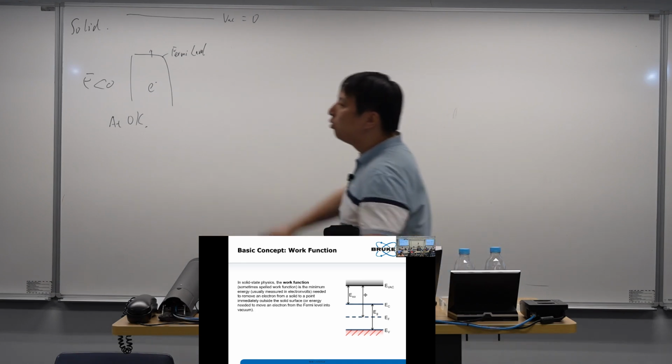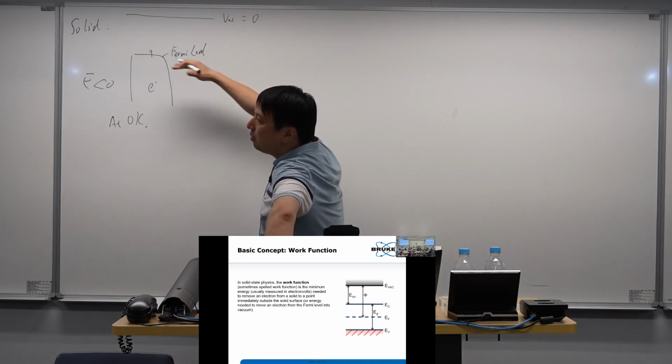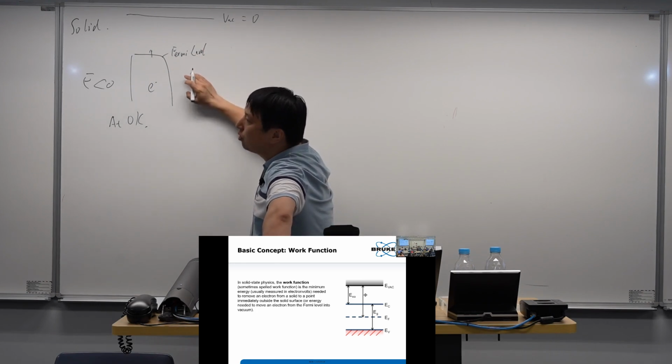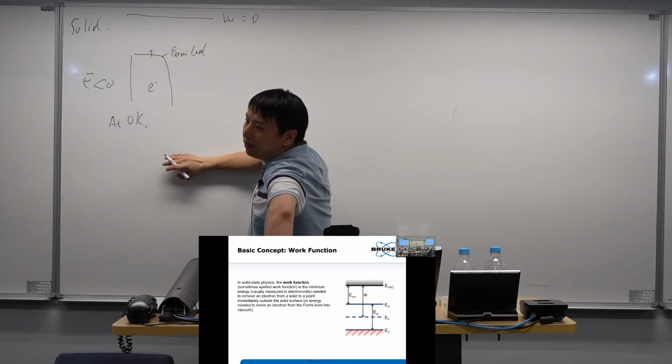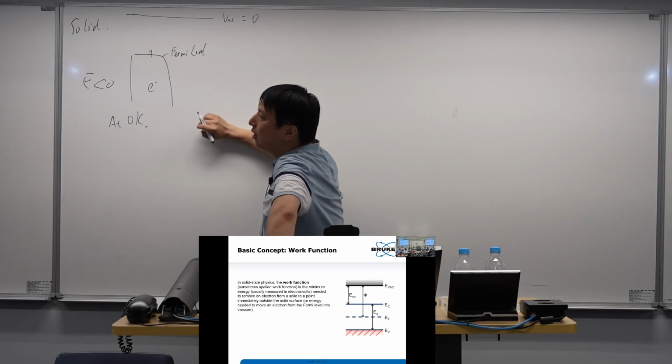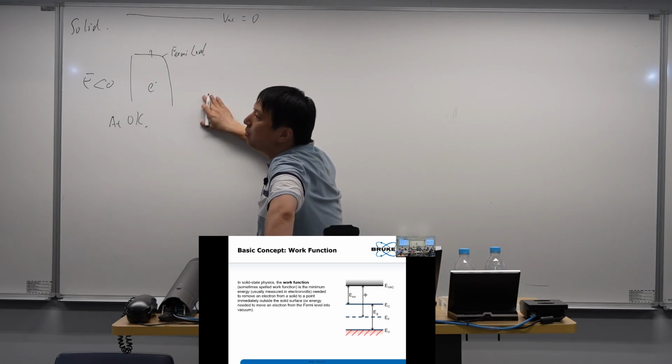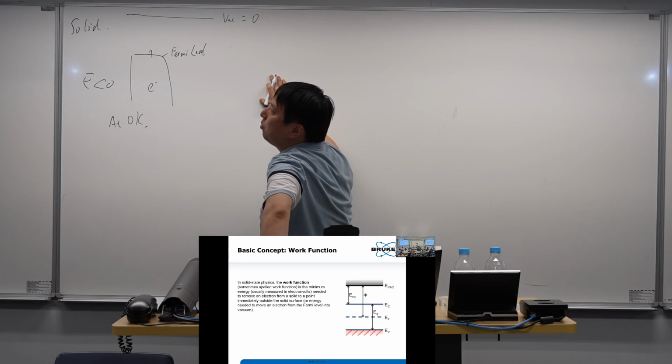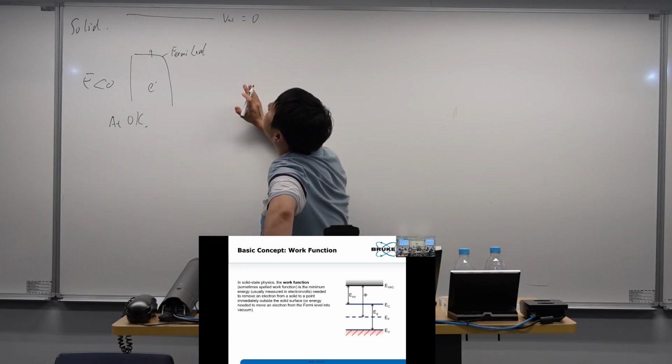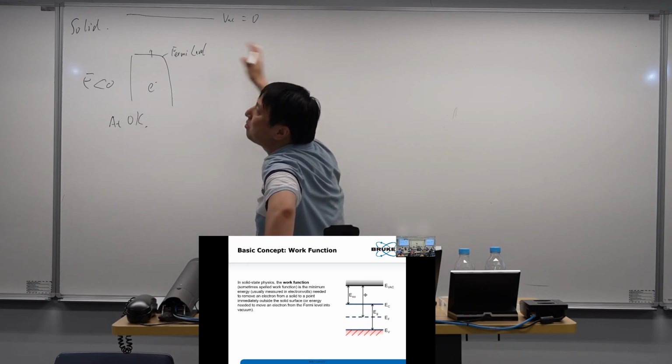Of course, when the temperature increases, the electrons will go to the upper energy levels. It's just the Fermi-Dirac distribution or the Boltzmann distribution, something like that.